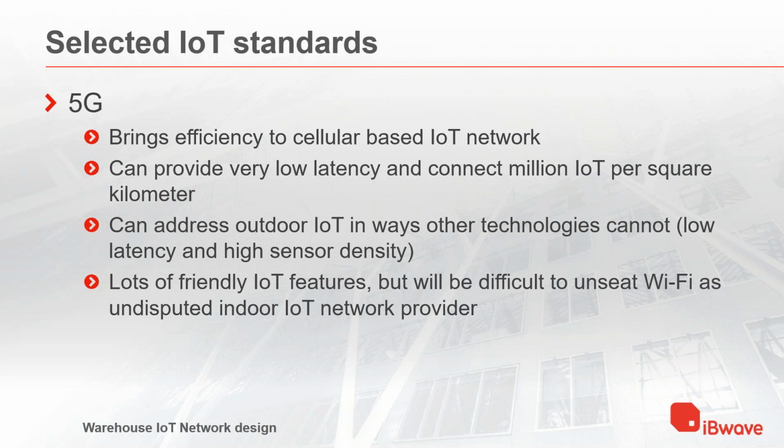And it has lots of IoT-friendly features, but it will really be difficult to unseat Wi-Fi as the undisputed indoor IoT network provider. So my opinion is that the 5G standard will probably successfully enter the outdoor IoT arena, but as for indoor IoT, there is a long road ahead for 5G to unseat Wi-Fi as the undisputed leader in indoor IoT networks.